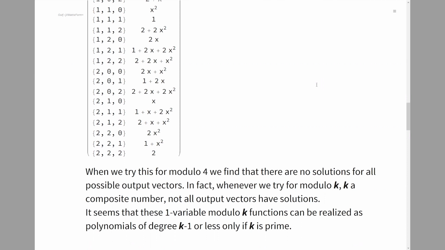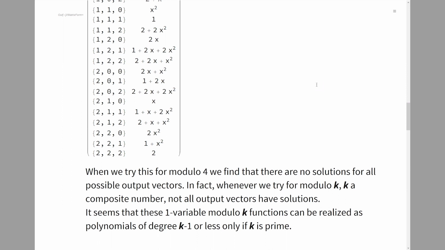In fact, the solutions all sort of collapse into one. So my 256 polynomials for modulo 4, one variable, actually collapsed to 64.